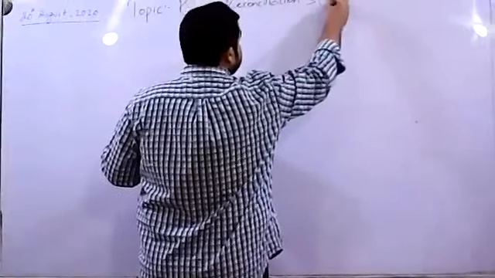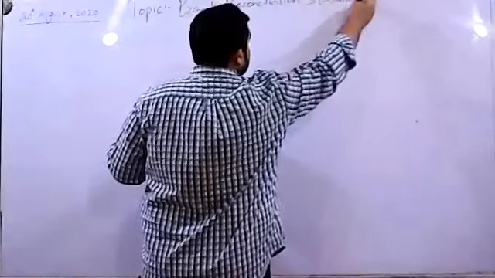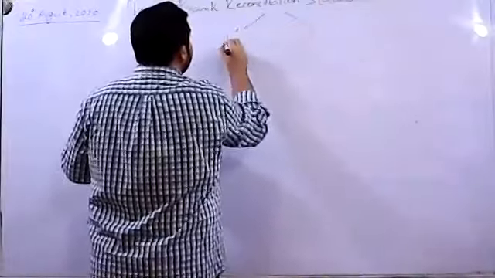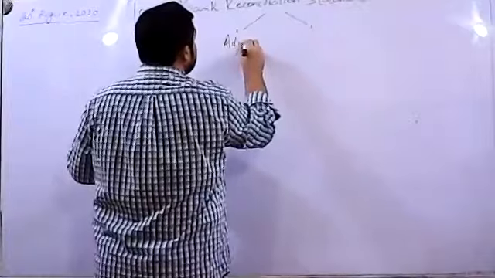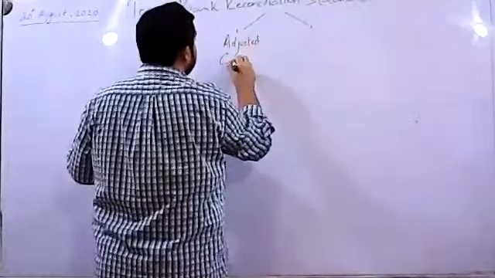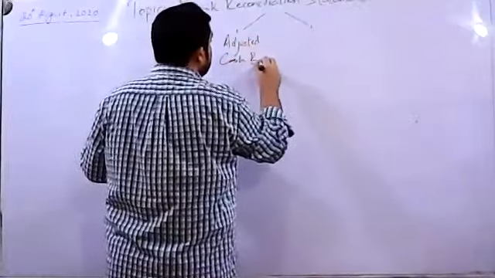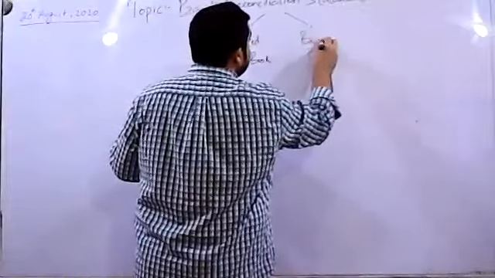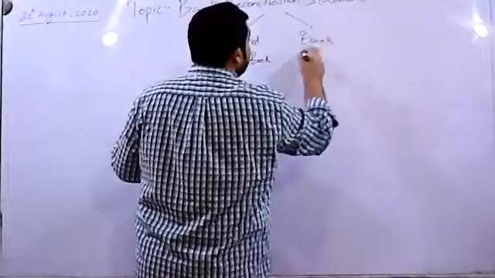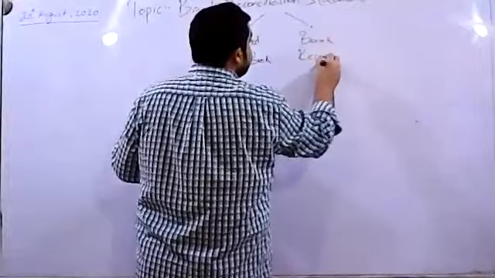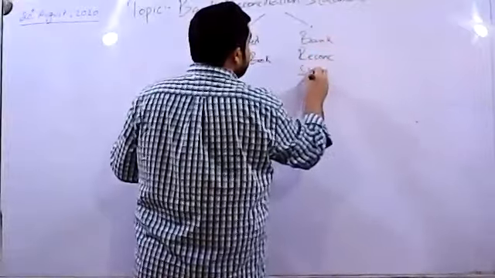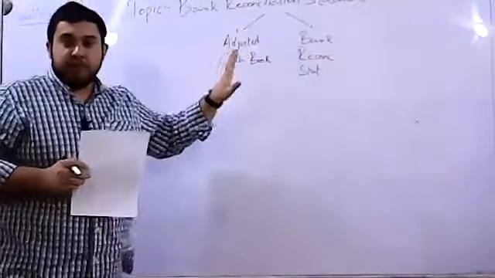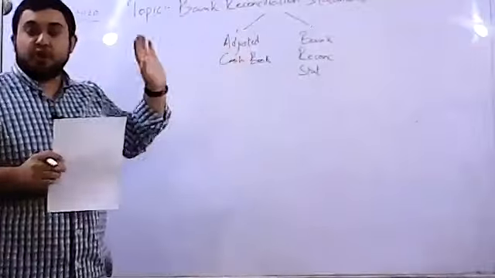One is the adjusted cash book, and the other one is the bank reconciliation statement, right? We have to prepare these 2 documents whenever solving such a question.